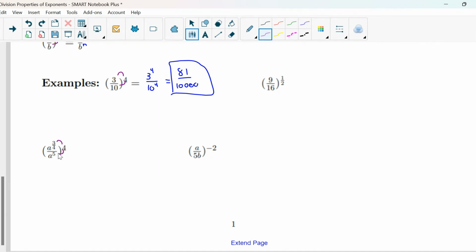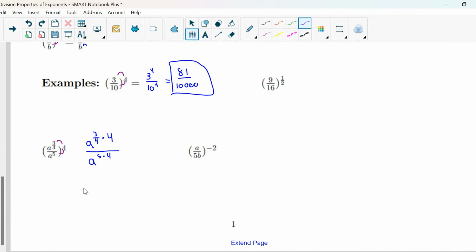We are taking our fraction here, raising it to the fourth power. So that's the same as saying a to the 3/4 times 4 over a to the 5th times 4. So remember, when we are multiplying, we just multiply straight across.